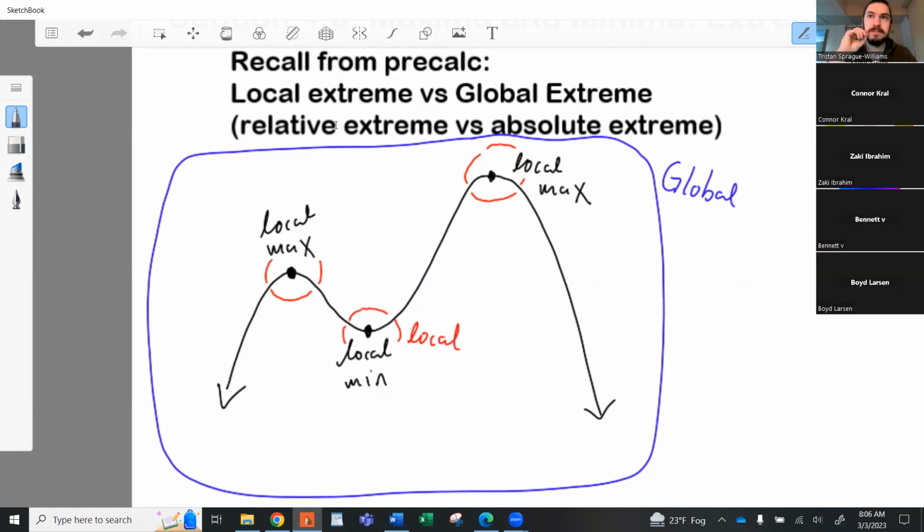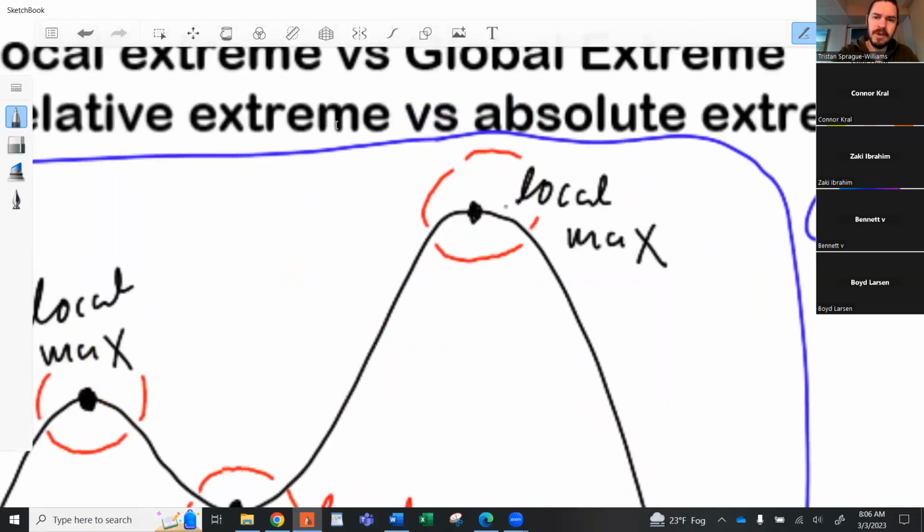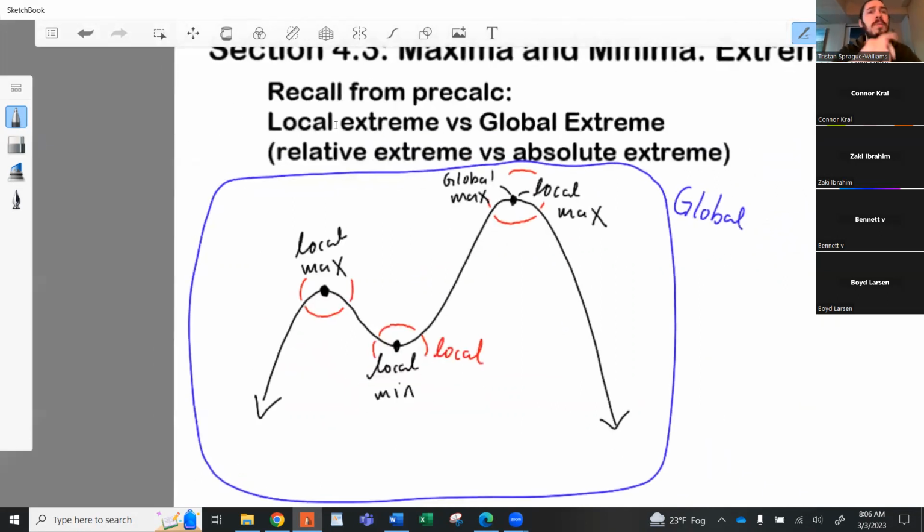And do we even have one? Sure we do. This point right here that I said was a local maximum is also a global maximum. It is a local max, but it is also the global max.